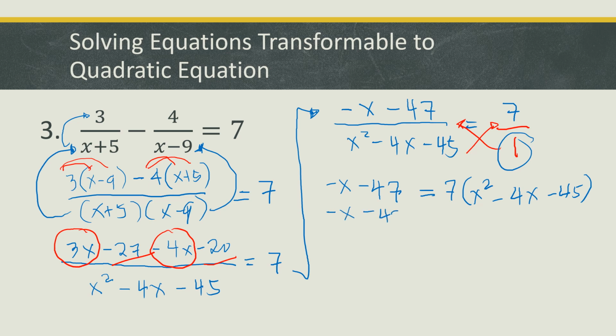Negative x minus 47 is equal to, by distributive property, 7 times x squared, 7 times negative 4x, and 7 times negative 45. That is 7x squared, negative 28x, and negative 315, I mean.